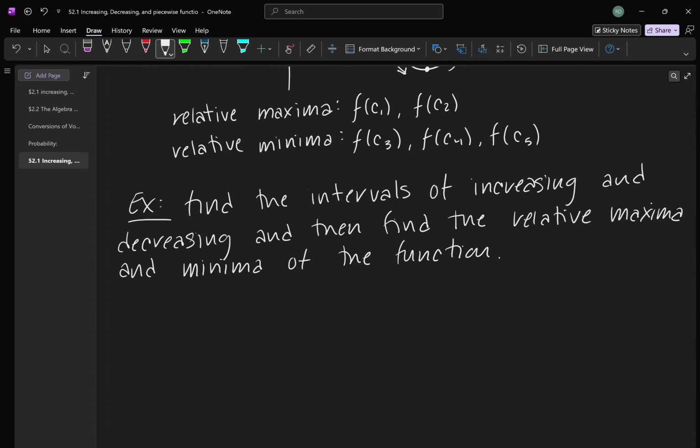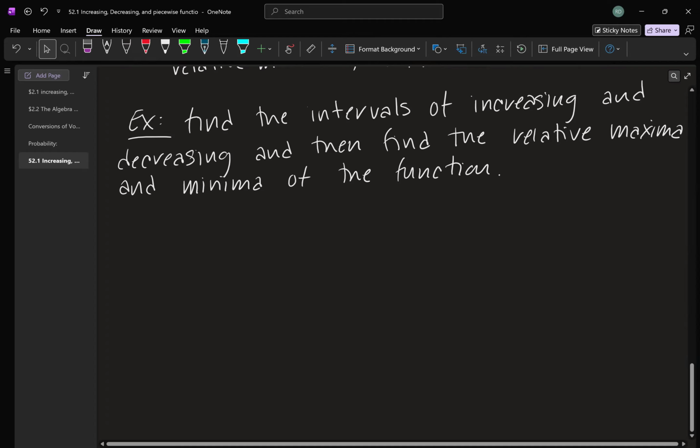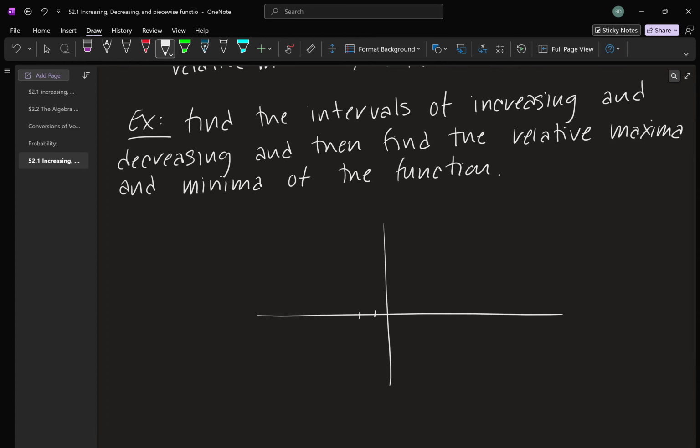And as we learn more about graphing in this class, you will be able to graph these functions yourself. We're not at that point right now, so on your homework, you will be given a graph for these. This function looks like this.